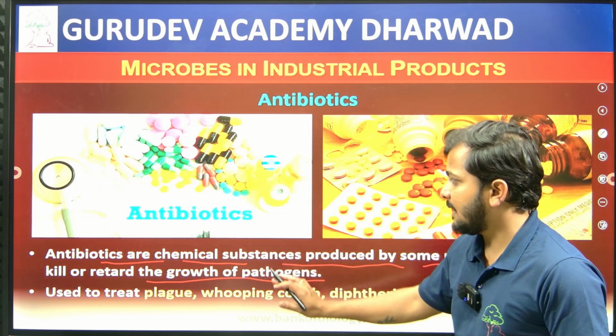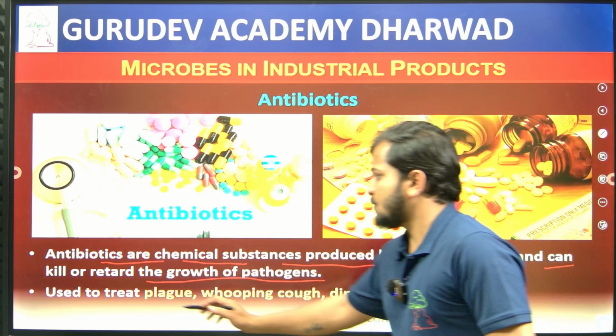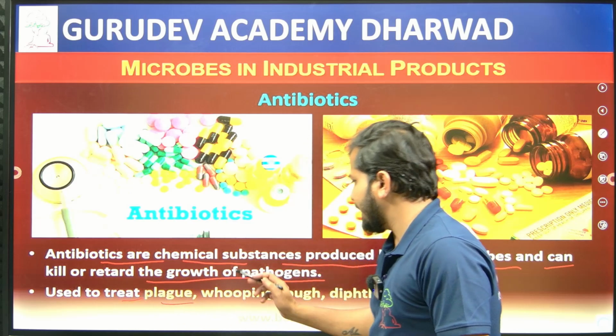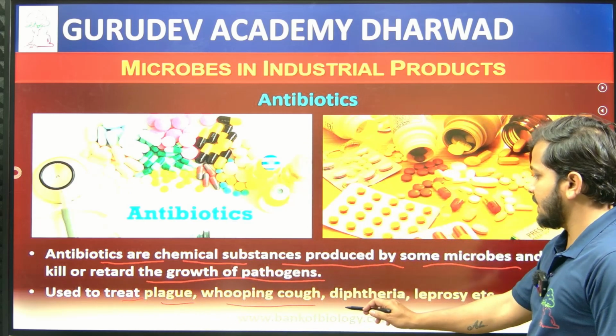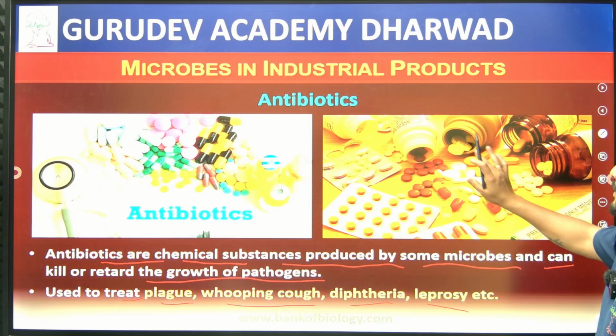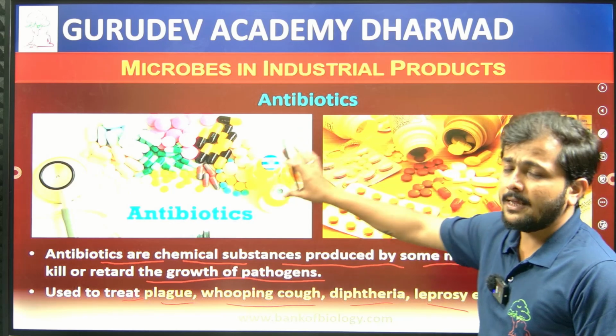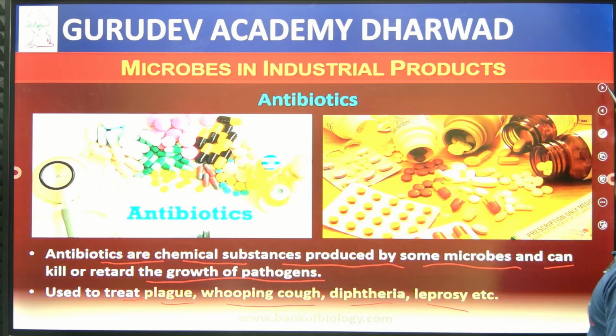To kill these pathogens we use microorganisms themselves, right? They are used to treat plague, whooping cough, diphtheria and leprosy. For that purpose we prepare antibiotics using microorganisms, right?